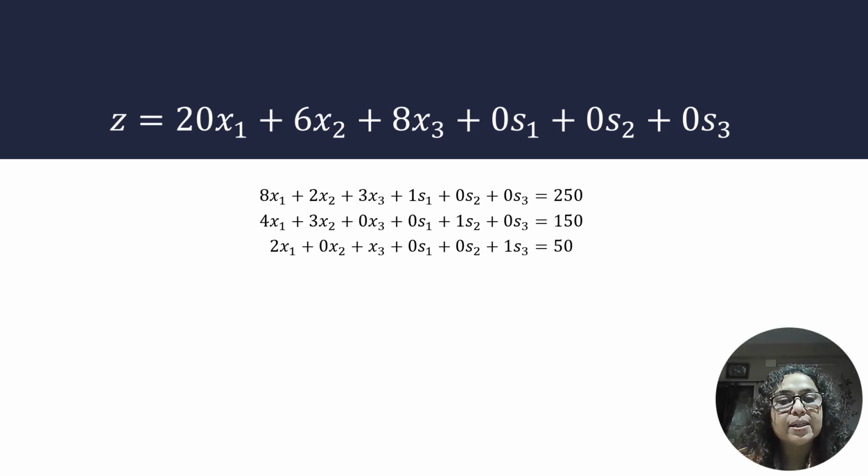So if I write this set of equations in matrix form, then I get a matrix like this. I'm writing the coefficients: 8, 2, 3, 1, 0, 0.